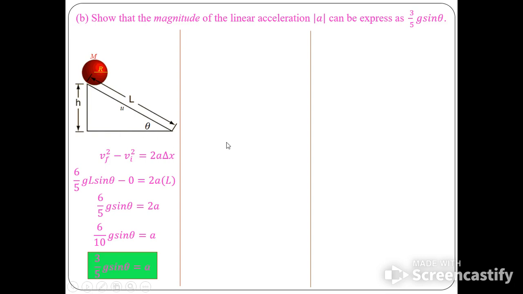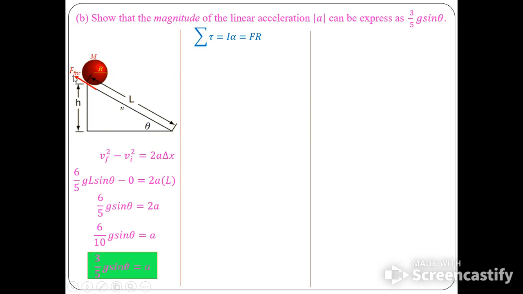Okay. The second strategy that you can apply if you want to would just be to apply torque. Torque equals I alpha, or equals F times your lever arm. In this case, your lever arm would just be R. So your first strategy would be to use F of k as I indicated here in the diagram. Friction is going to be pointing upslope as the hollow sphere goes downslope, because that's going to cause a clockwise rotation.